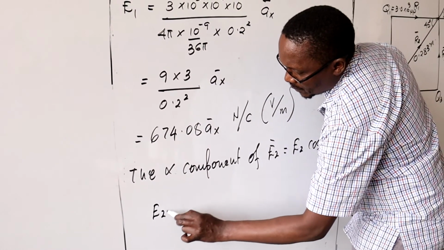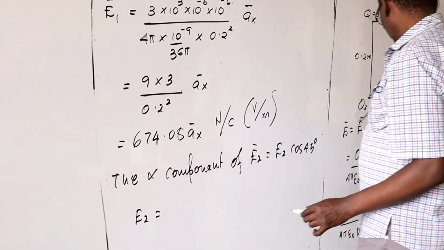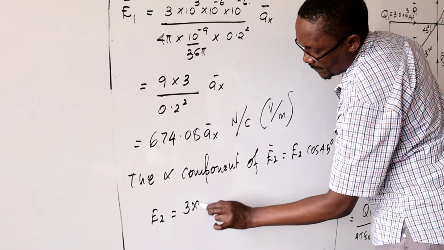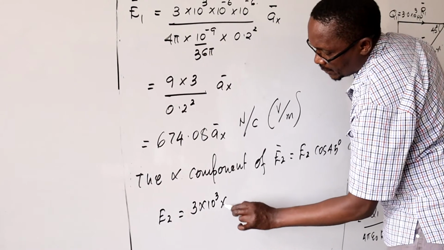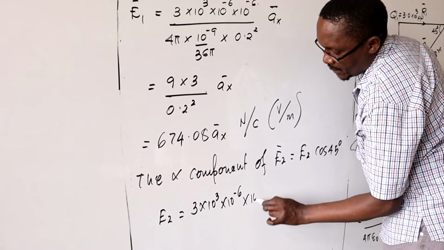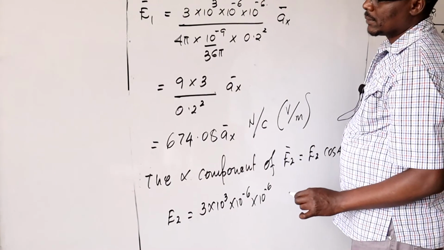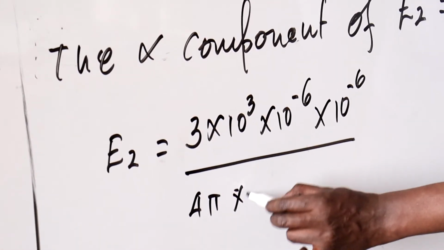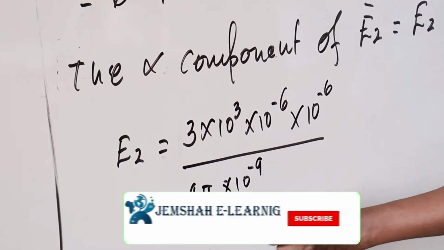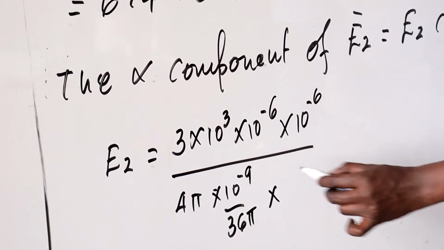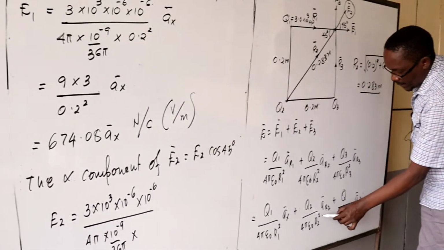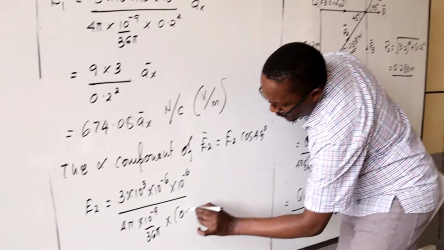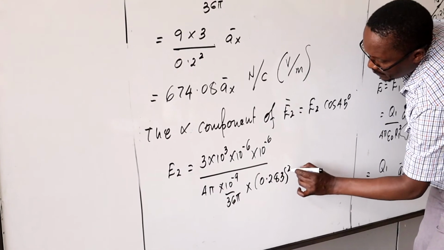That magnitude of E2 will be Q2, and Q2 again is 3 multiplied by 10 to the power of 3 times 10 to power negative 6, all over 4 pi times 10 to power negative 9 over 36 pi, multiplied by the radius R2 squared, and our radius R2 is given as 0.283 squared.